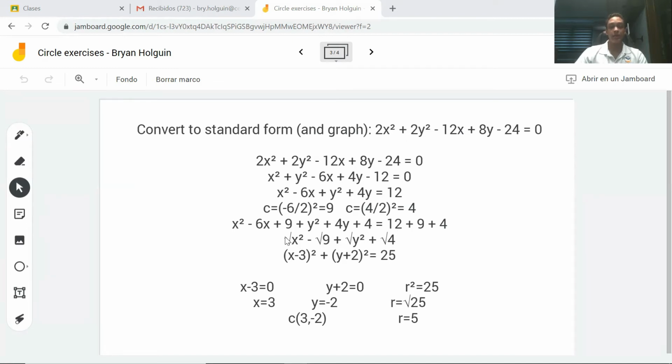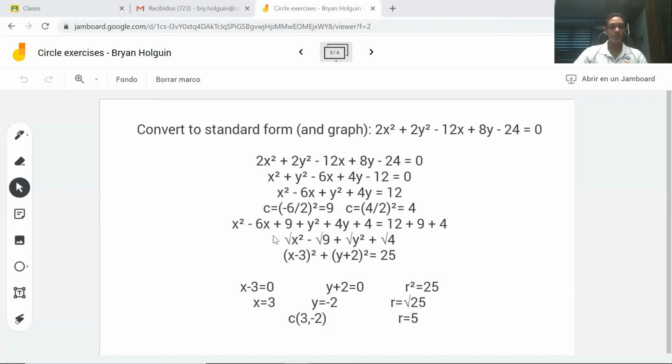So now, to get the standard form, we need to get the square root of these numbers. The first and last number of each group, the x group and the y group, taking the signs in between.